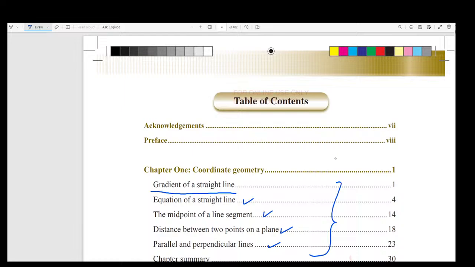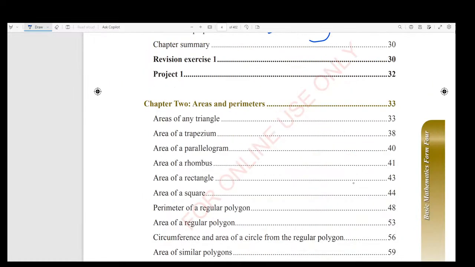And I'm sure after this coverage, we are going to check questions, and questions will be solved. We include questions even from NECTA past papers.